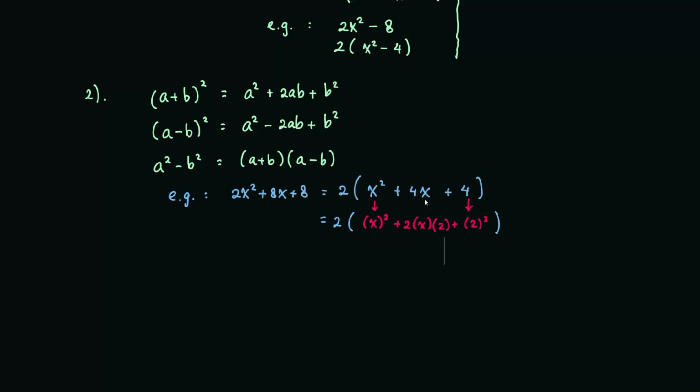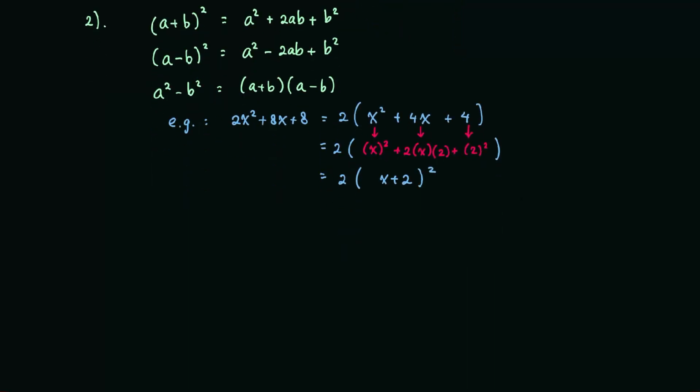They are the same. In this case, I can use the first form and factorize it into a plus b squared. Basically, it's a perfect square form. This is just 2 times x plus 2 squared. So that's the fully factorized form.